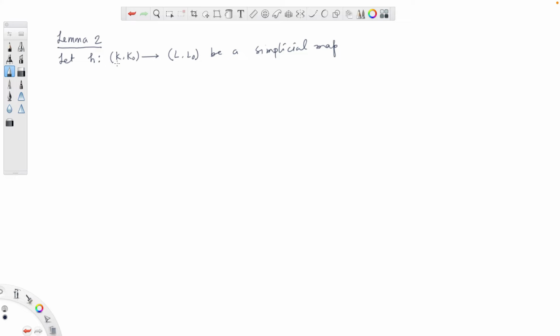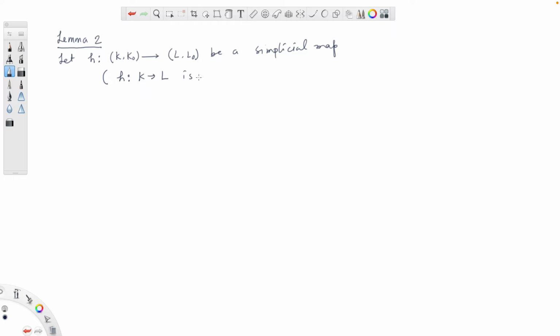Here K0 is a subcomplex of K and L0 is a subcomplex of L, and the map between these two pairs is called a simplicial map if H from K to L is a simplicial map that takes each simplex of K0 to a simplex of L0. Right? So let me write it for you.